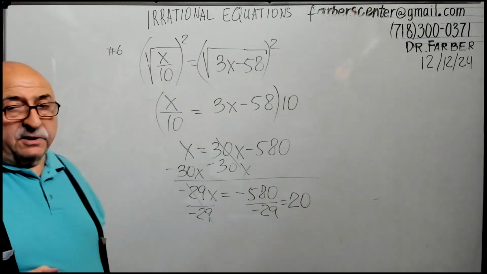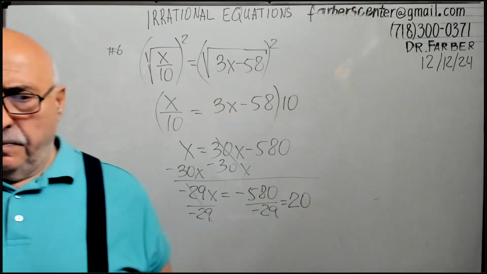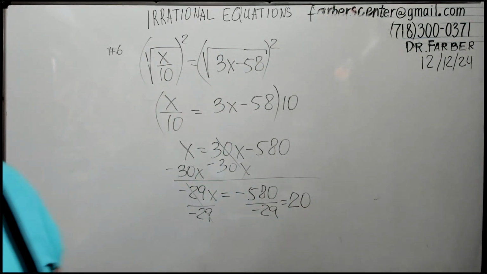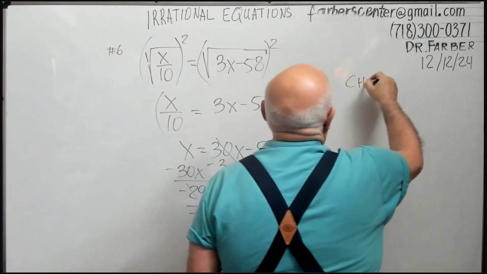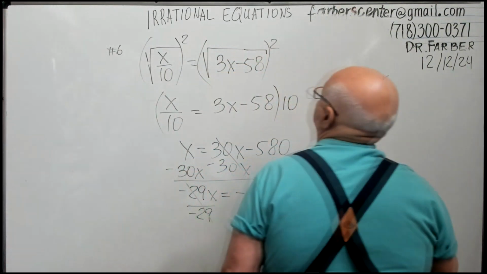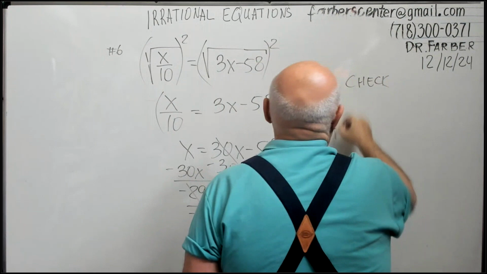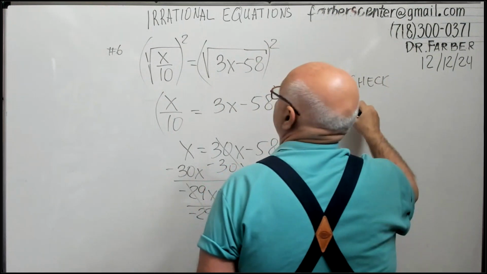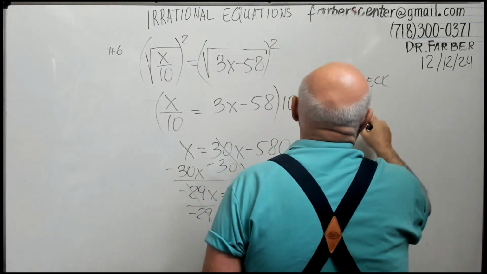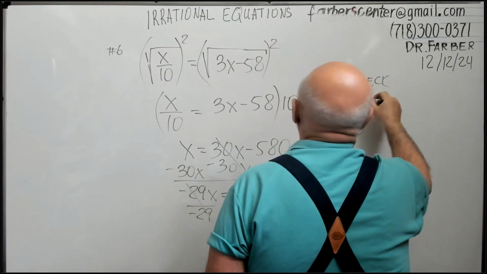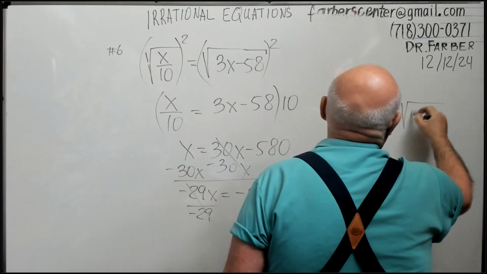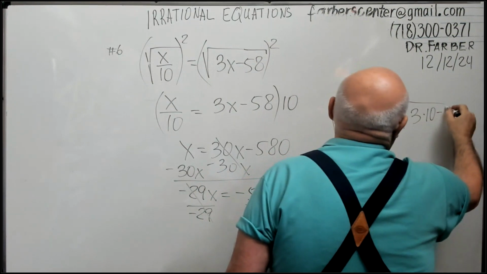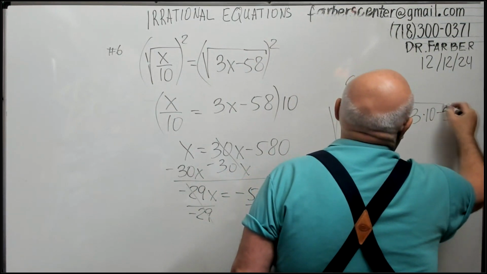Who understands these steps? Again, we use the opposite rule to get rid of the radical. Yes, but we have to check. Square root of 20 over 10, is it equal to square root of 3 times 20 minus 58?